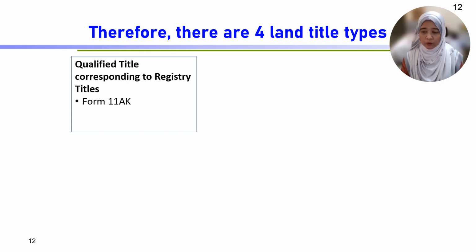There is also another hint or another indication where you should do your title search. So for qualified title corresponding to registry title, the form is 11AK. Itu very specific under National Land Code. So for QT registry titles, which is at PTG, the form borangnya ialah 11AK.